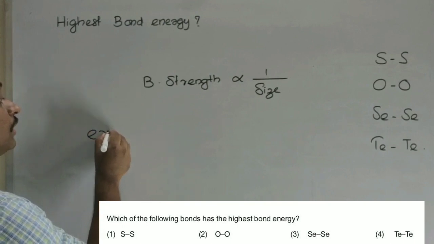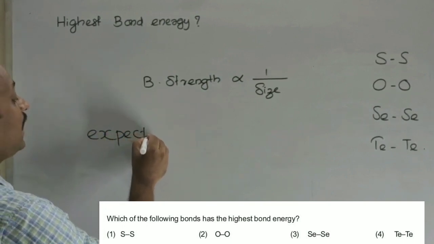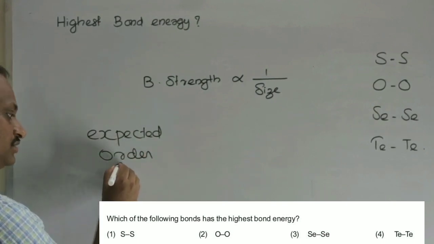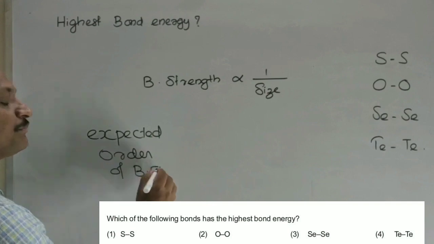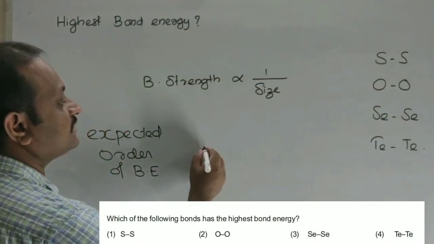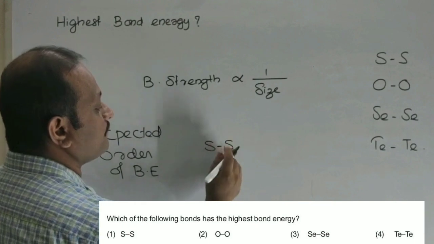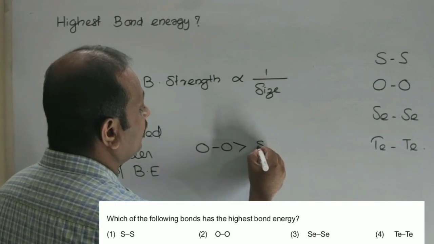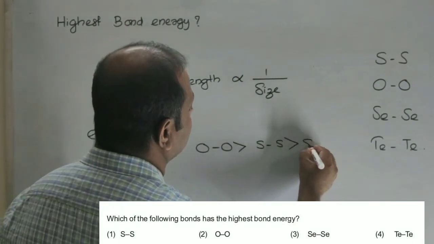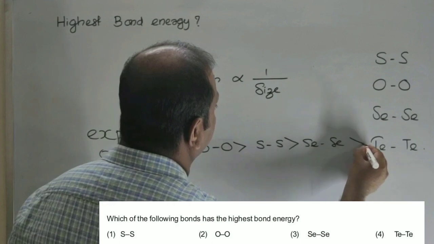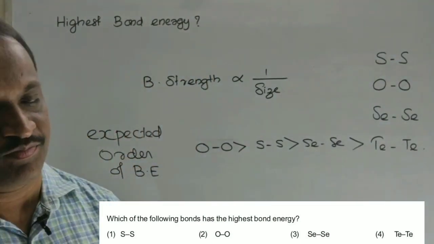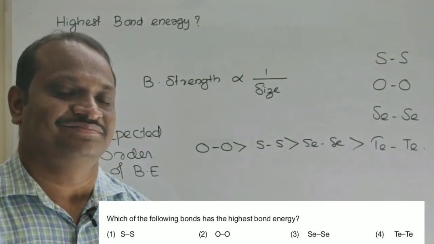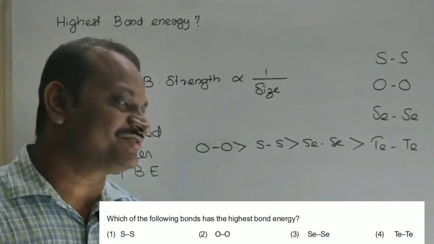The expected order of bond energy is oxygen greater than sulfur greater than selenium greater than tellurium. But remember, like fluorine, oxygen also has a special character.